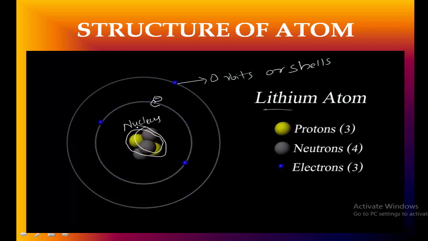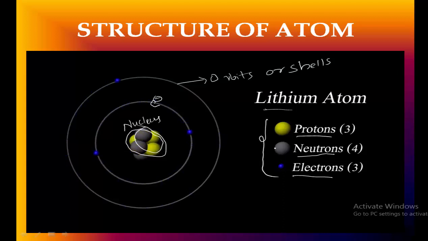And this nucleus again consists of two fundamental particles: protons and neutrons. So totally in an atom, protons, neutrons and electrons are present.